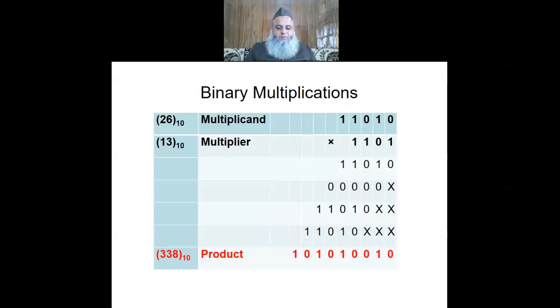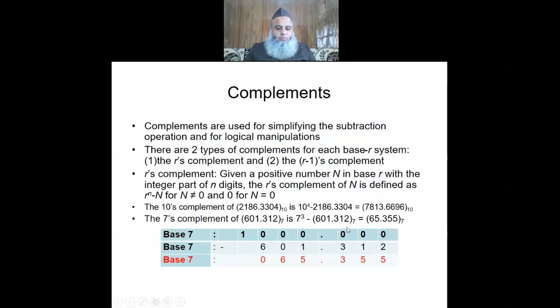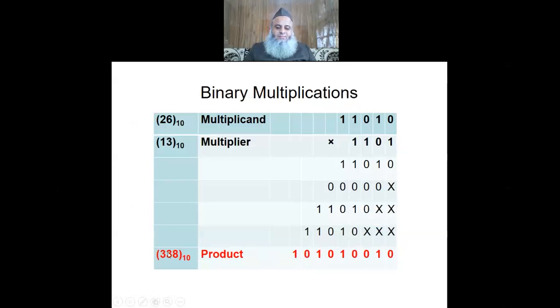But then 2 to the power 8, which is 256. So what I need to do is 256 plus 64 plus 16 plus 2. That will come out to be 338. You can do that and see for yourself.